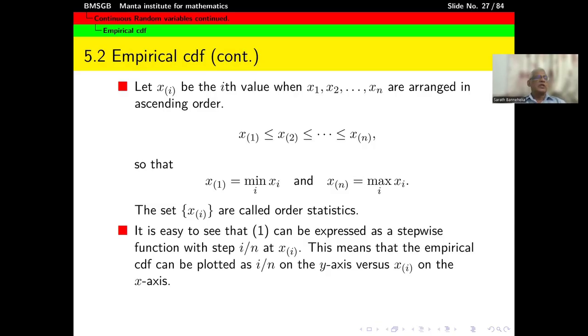If we ignore any x value less than the first order statistic, the graph will start at x1, the first order statistic, where the value of f at x will be 1 over n. Until the second order statistic it will have the same value. At the second order statistic, the function will jump to 2 over n, and so on. So that is what the empirical cumulative distribution function should look like, a step function.